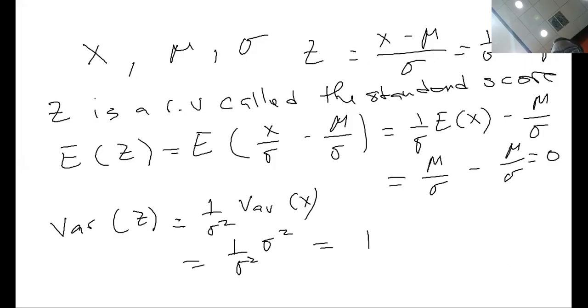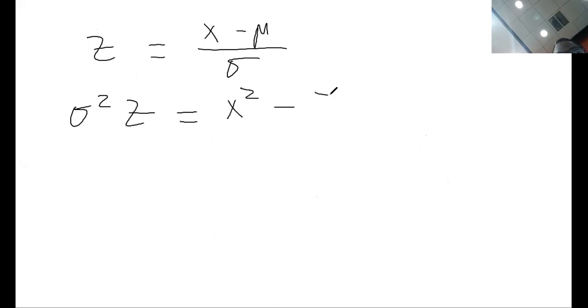So Z is equal to x minus mu over sigma. That's the Z I put there. What will be Z squared? Let me put sigma squared Z squared, which will be x squared minus 2 mu x plus mu squared.